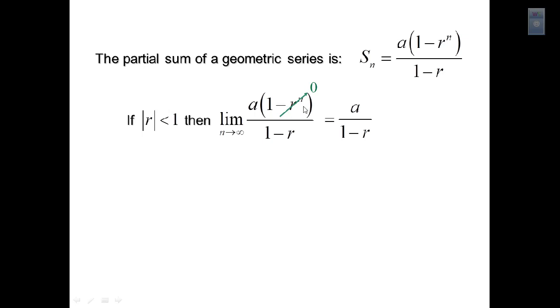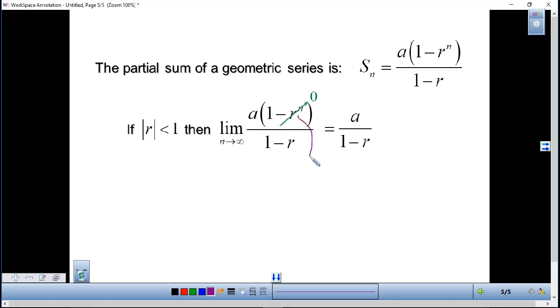The reason this is going to 0, just in case you're curious and you're worried about this, remember, if the absolute value of r is less than 1, we're talking about something like 1/2 to the n power. Well, remember, that's the same thing as something like 2 to the negative n. So the larger n gets, the more it's going to be multiplied. What's going to happen to this? The fraction's going to get smaller and smaller and tinier, and that's why that goes to 0. So we end up with 1 minus 0, and 1 times a gives you a over 1 minus r.